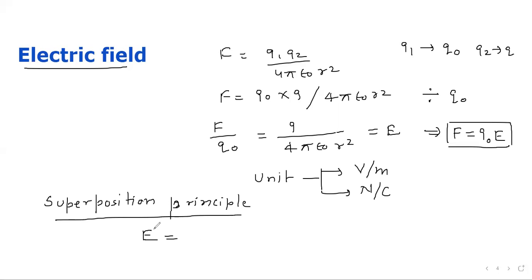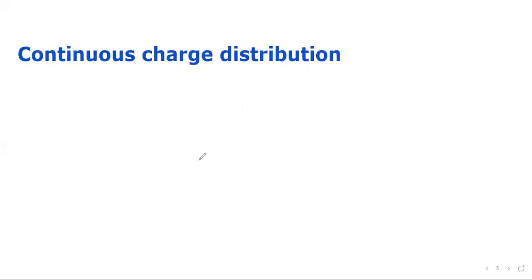E will be the sum of E1 plus E2 plus dot dot dot till En. Now, the next point is continuous charge distribution.